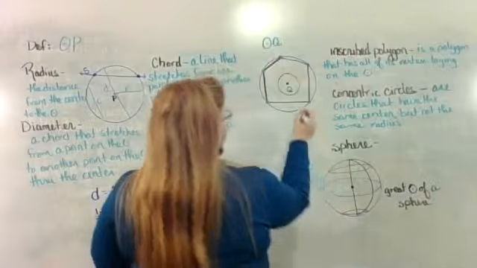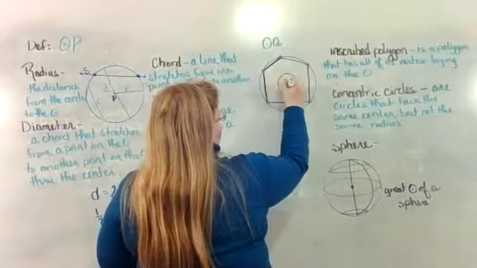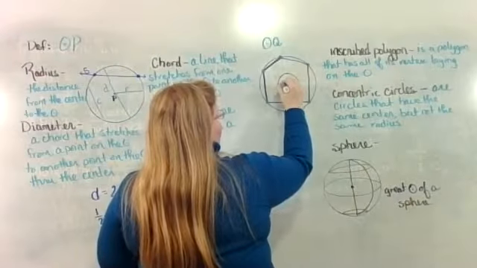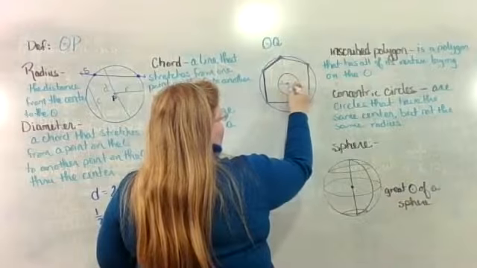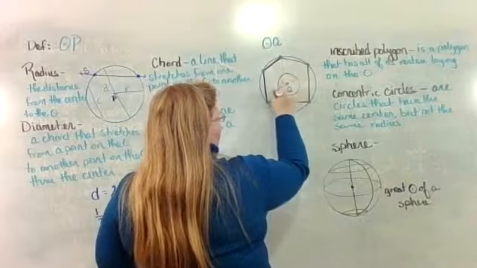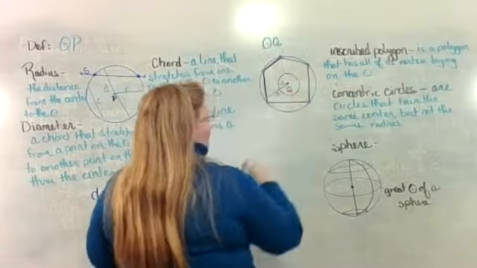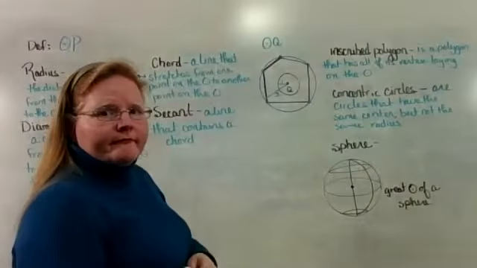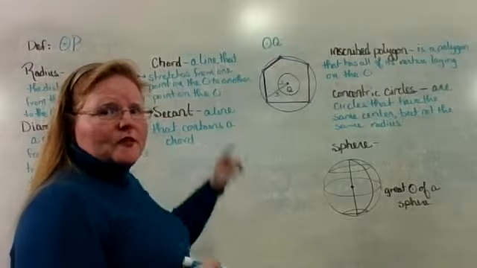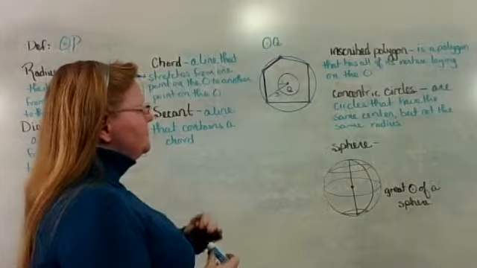For example, this little circle here, even though it doesn't look very good, might have a radius of 1, but it still has the same center as this larger circle that might have a radius of 3. Concentric circles, because they have the same center.